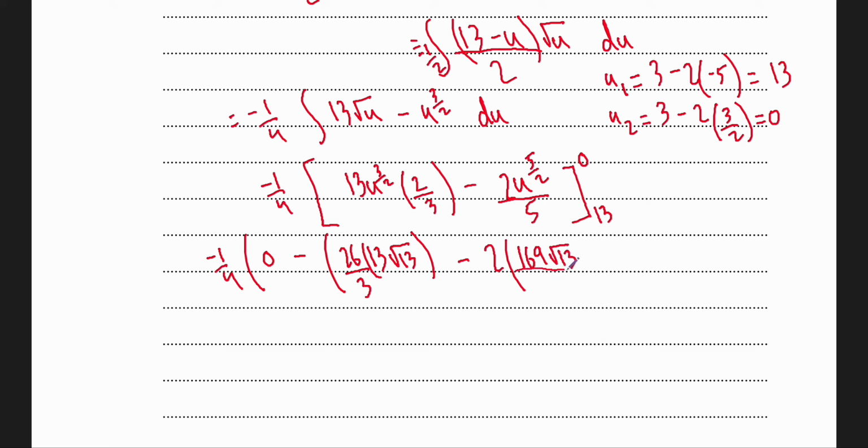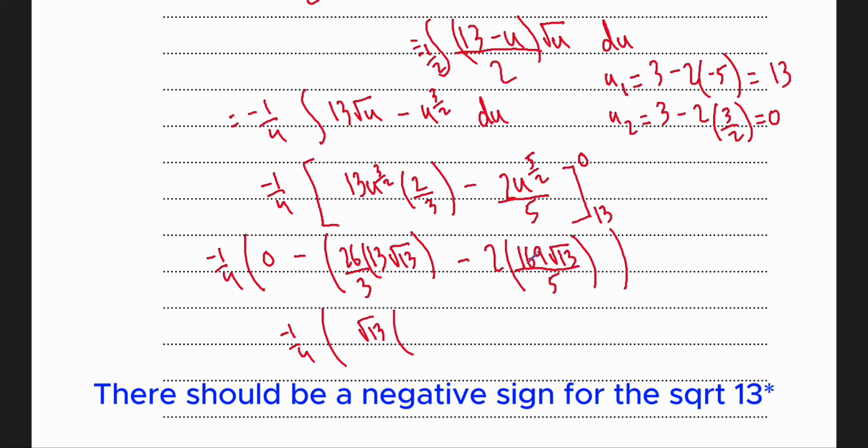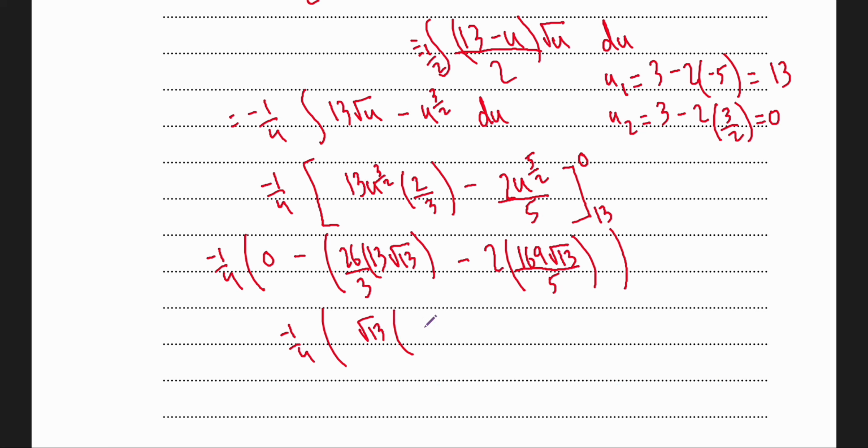And this is divided by 5. Then you can put the square root of 13 outside, so you have negative 1 over 4 and then square root 13, because you can factorize square root 13 out from here. And then you have 26 times 13 divided by 3 minus 169 times 2 divided by 5.